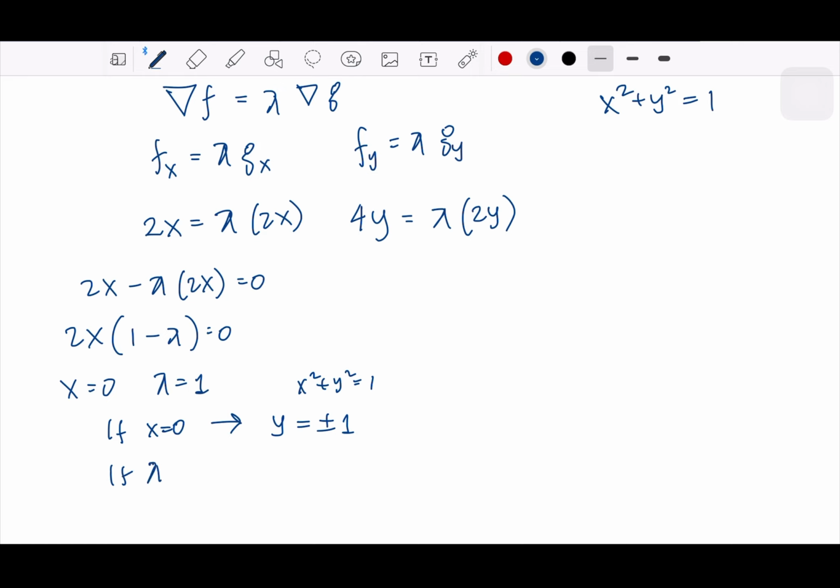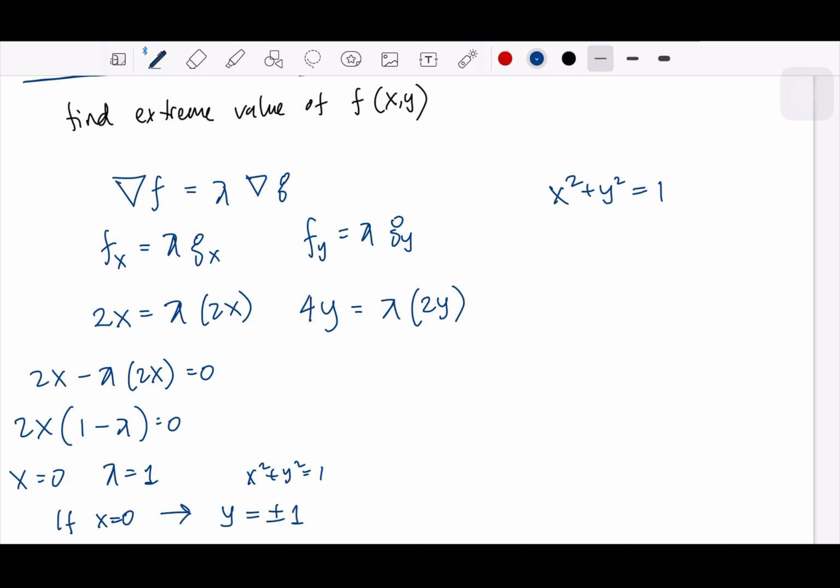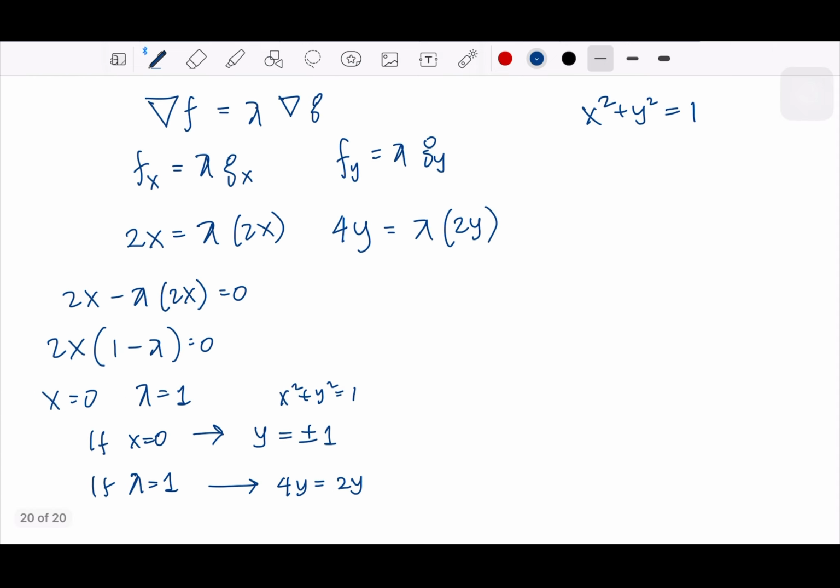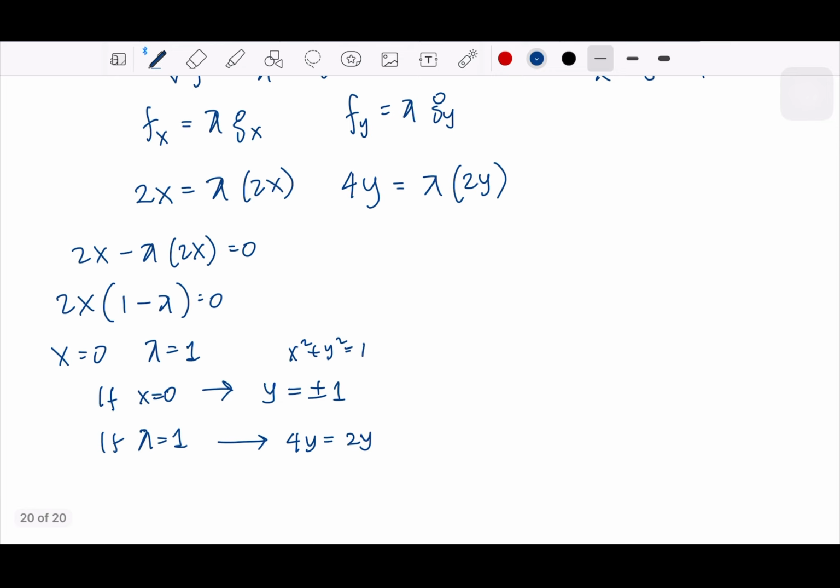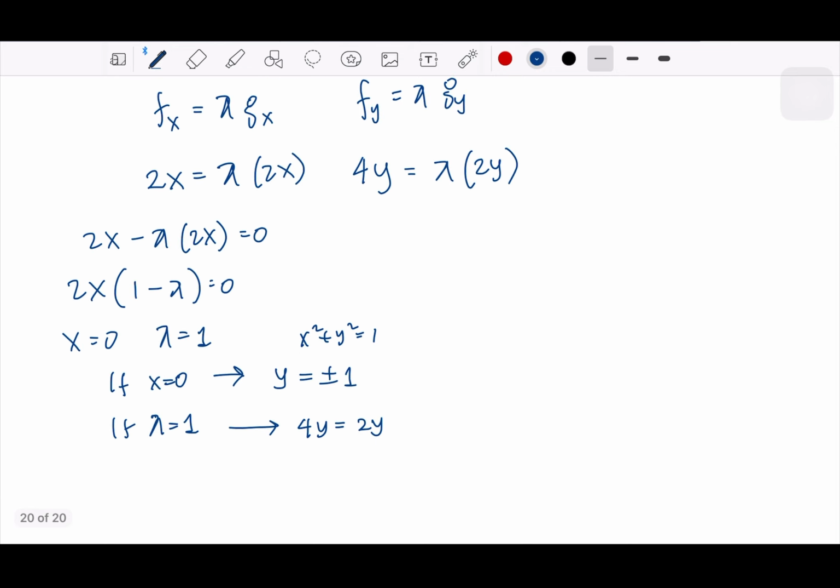If lambda is 1, then it will give that 4y equals 2y, or y is equal to 0 here.